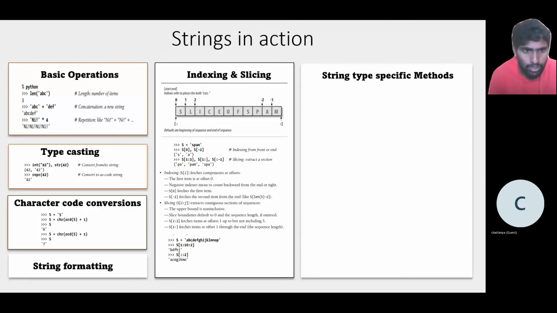Next is character code conversion. Basically you have numbers 1, 2, 3, 4, and using these numbers we can create alphabets, or not only alphabets, whatever is in Unicode.